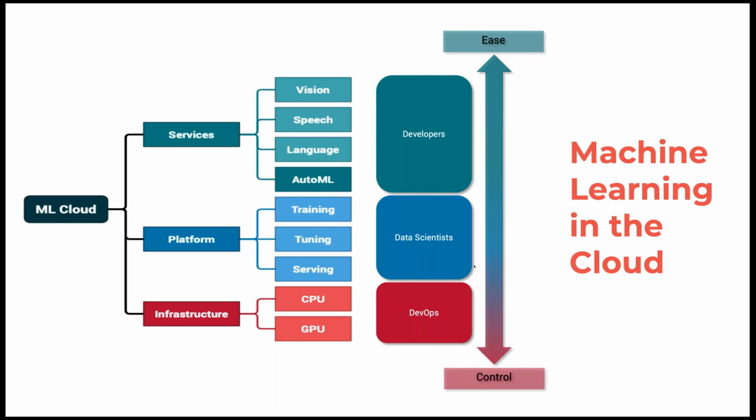You never deal with VMs, but you bring your code, you optimize the code for scale and performance, low latency, and then you go away with a URL. So similarly, in PaaS, you bring a data set, you call some APIs, and walk away with the model. And this is where data scientists are really excited, and they are very empowered because they never get to deal with the underlying infrastructure.